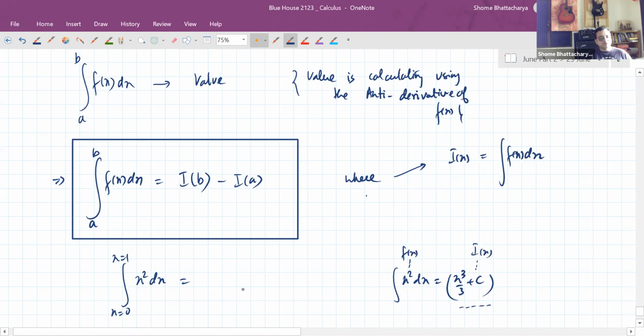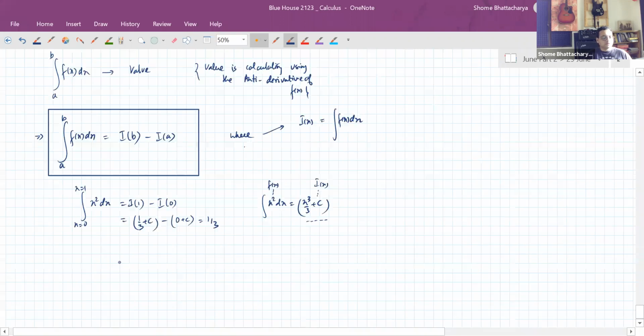It will become the value of this function at the point 1 minus the value of the antiderivative at the point 0. At the point 1, the value is 1 by 3 plus c. At the point 0, it is 0 plus c. So c always cancels out and we get 1 by 3. So it turns out that the integration of x squared dx from 0 to 1 is given by 1 by 3.